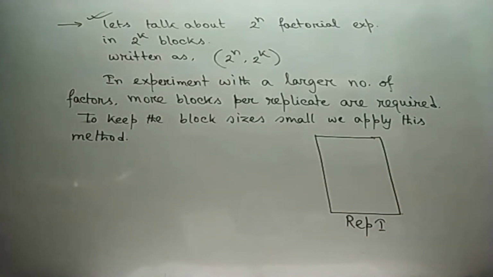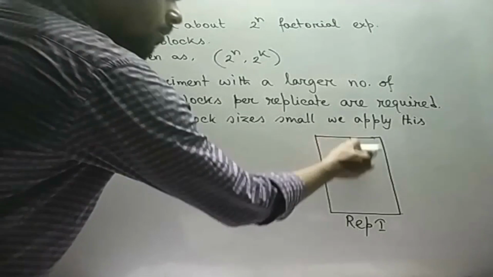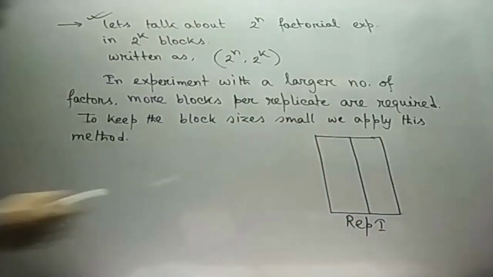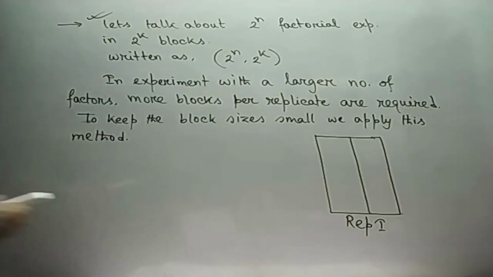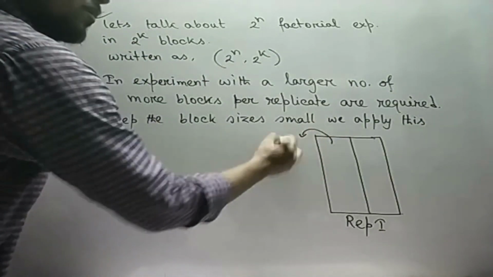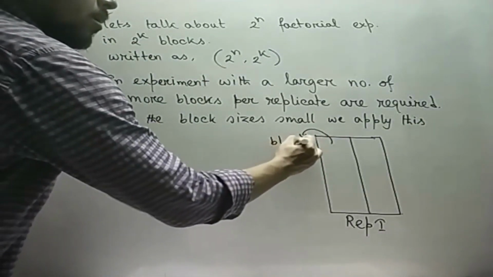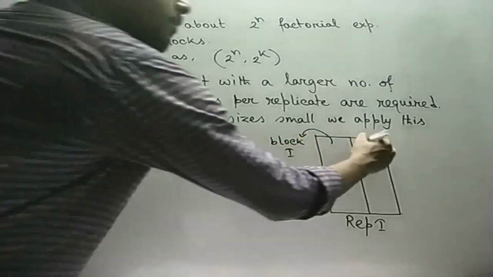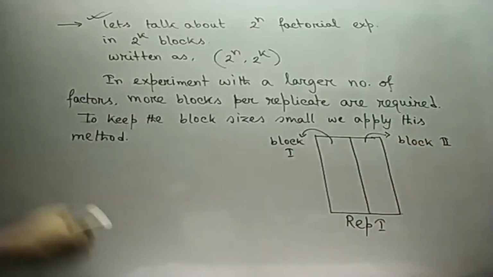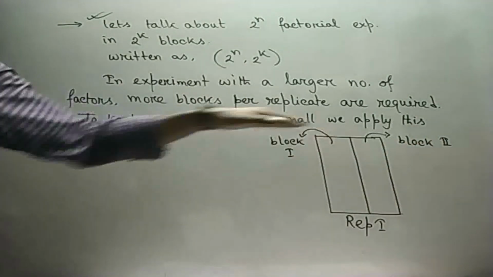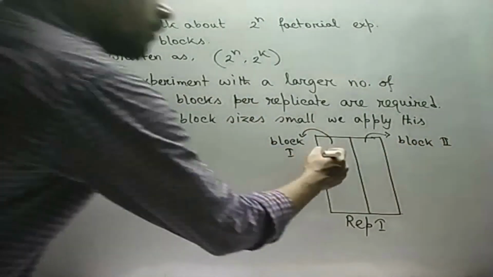Now we divide the replicate into 2 blocks, okay. The first one is block 1, and the second one is block 2. Now we can divide each and every block into different sub parts.